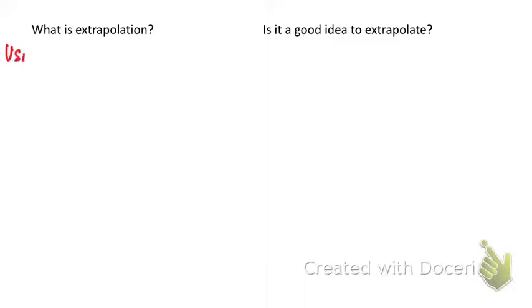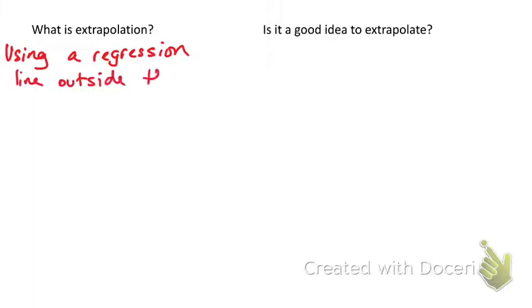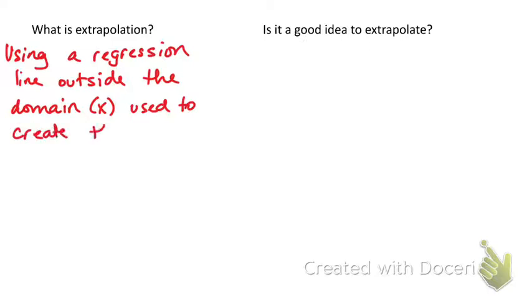It is using a regression line outside the domain. Oh no, another mathy word. What does domain mean? X. Using a regression line outside the domain used to create the line.